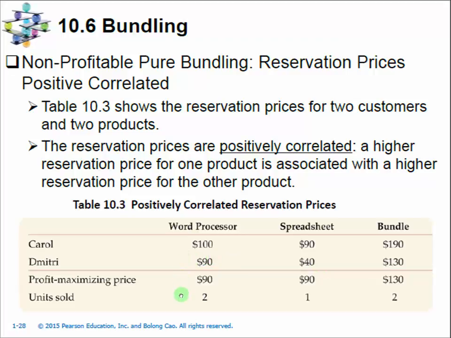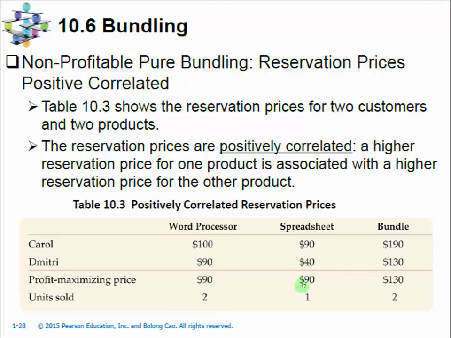Here, when we price the products separately, the pricing is a bit different from the previous case. We set the price of the word processor at $90, the lower reservation price between C and D. We can sell 2 units that bring in $180.